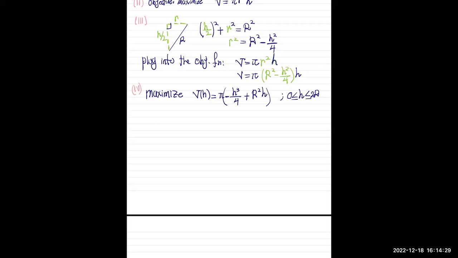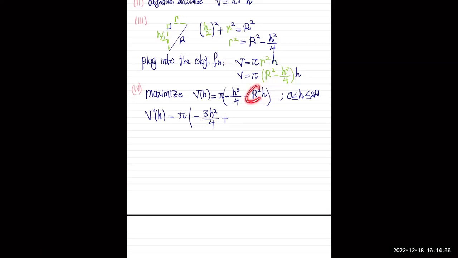Take the derivative V prime of h, keep the pi in front. The derivative of h cubed gives negative 3h squared over 4. Please don't use the quotient rule, 4 here is just a constant. Plus the derivative of r squared h. Remember that the variable is h, not r.